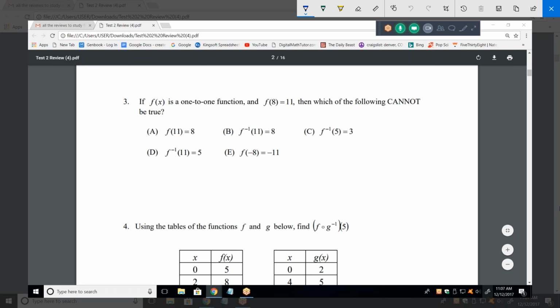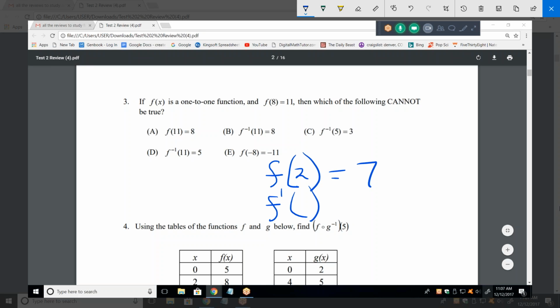All right. First of all, let's talk about inverses. Okay? I'm going to call f of x the function, and I'm going to call f negative 1 the inverse. So if I tell you that this is true, then what do you know about the inverse?